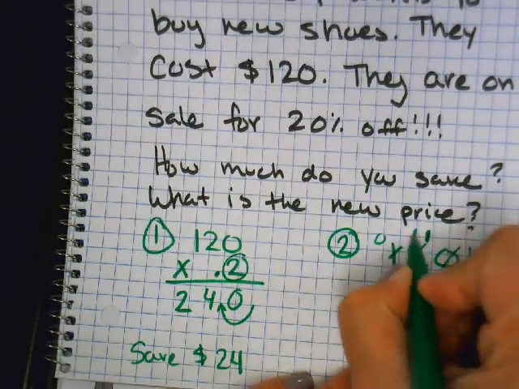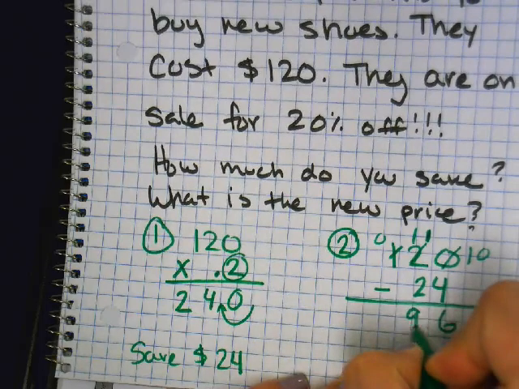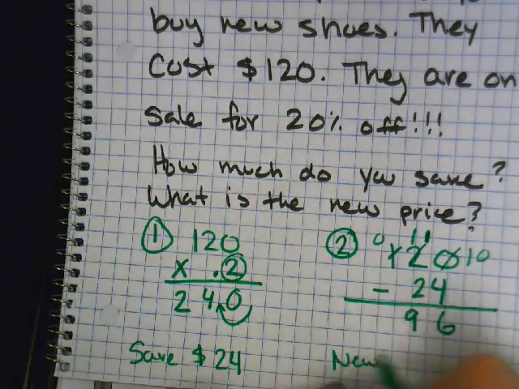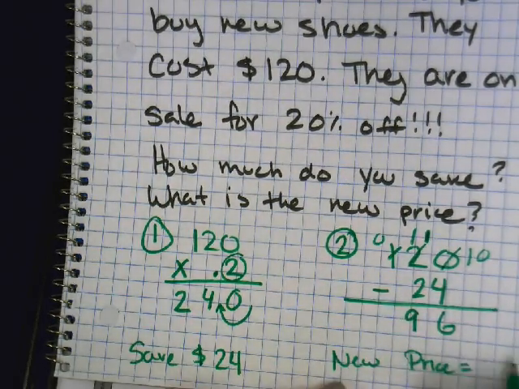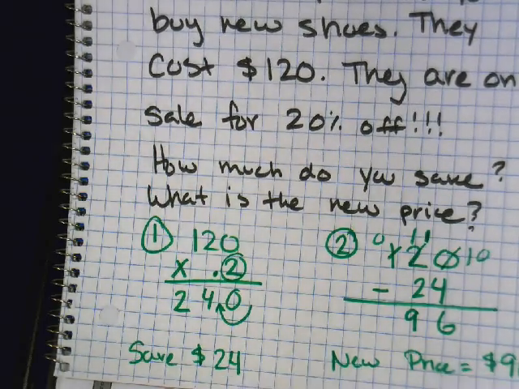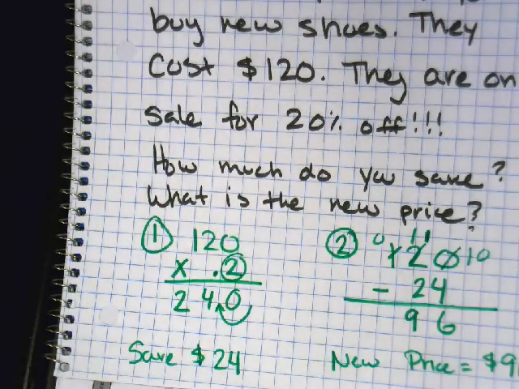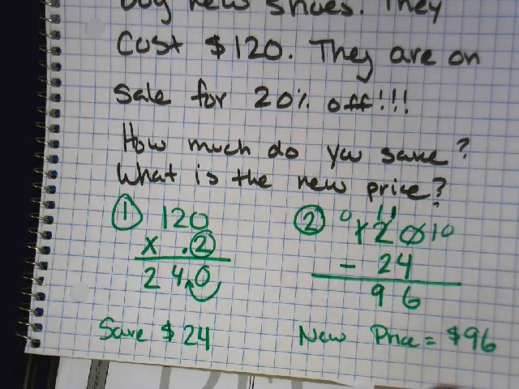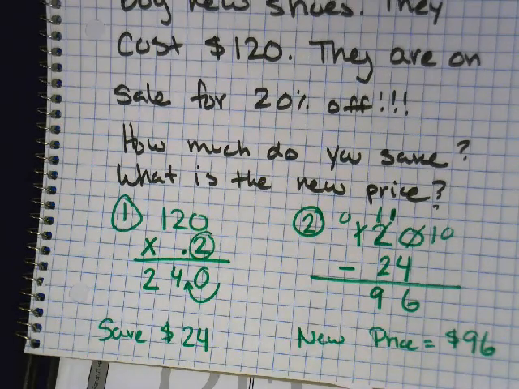So the price is $96. So my new price is $96. So when I save 20%, I'm saving $24, and that makes the price down to $96. That's my new price.